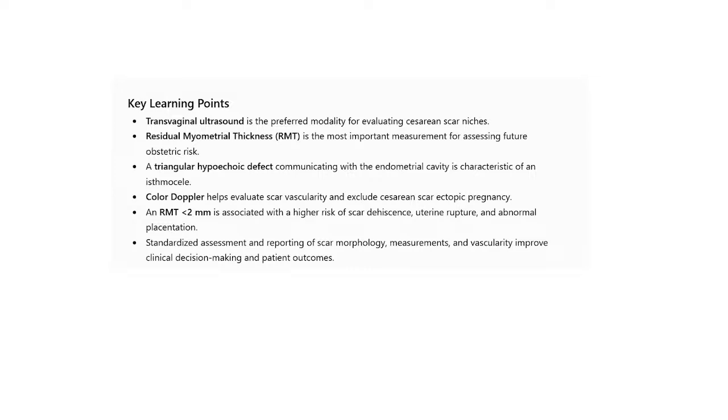Color Doppler helps evaluate scar vascularity and excludes cesarean scar ectopic pregnancy. An RMT less than 2 mm is associated with higher risk of scar dehiscence, uterine rupture, and abnormal placentation. Standardized assessment and reporting of scar morphology, measurement, and vascularity improve clinical decision making and patient outcomes.